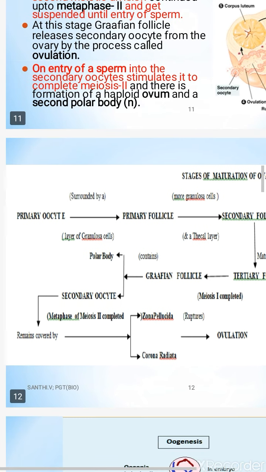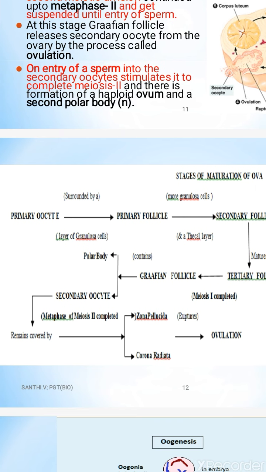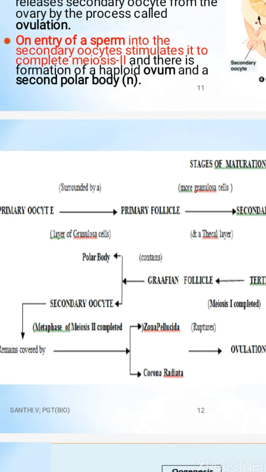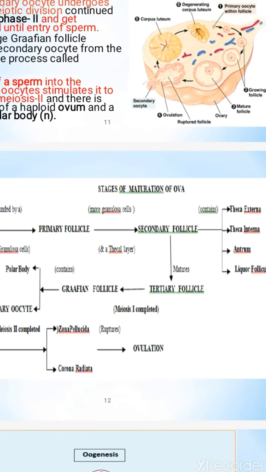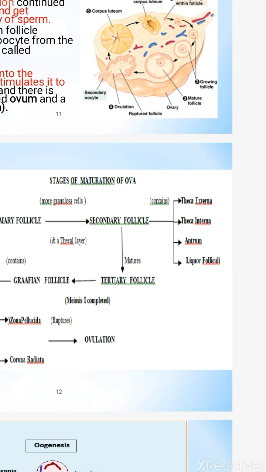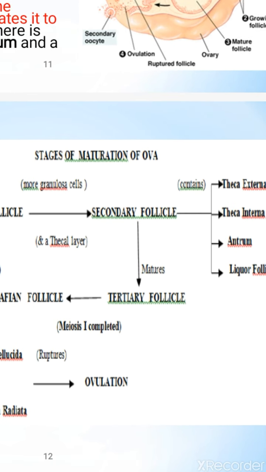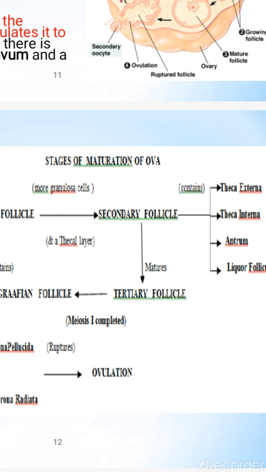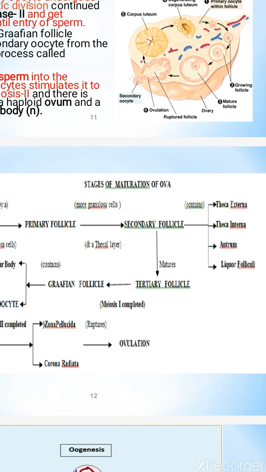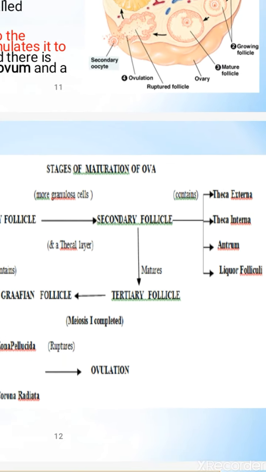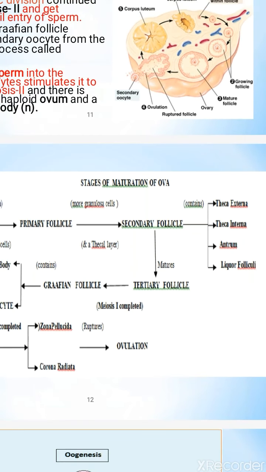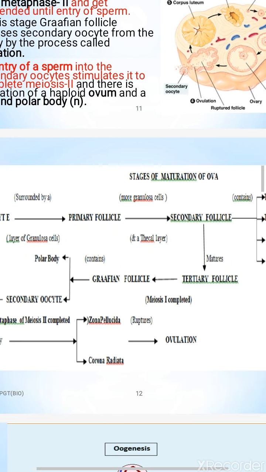The primary oocyte is converted into a primary follicle, surrounded by a layer of granulosa cells, and later more granulosa cells. The primary follicle is converted into a secondary follicle, and then the secondary follicle matures and is converted into a tertiary follicle. Here you can see clearly theca externa, theca interna, antrum, then liquor folliculi, and the tertiary follicle is converted into the Graafian follicle.